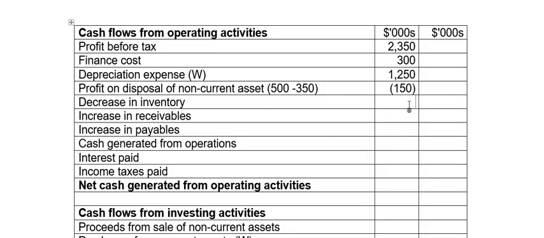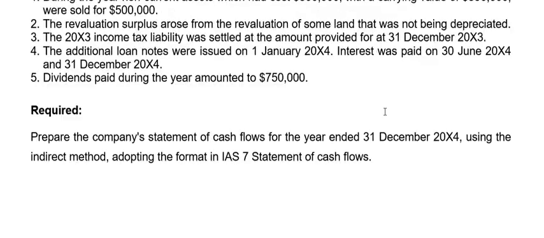A decrease in inventory is a cash inflow. If the inventories of the company decrease, it means the company is selling off its inventory and receiving cash, so it's a cash inflow.